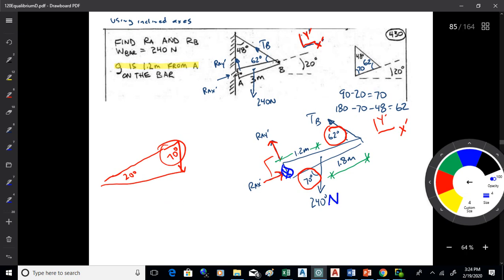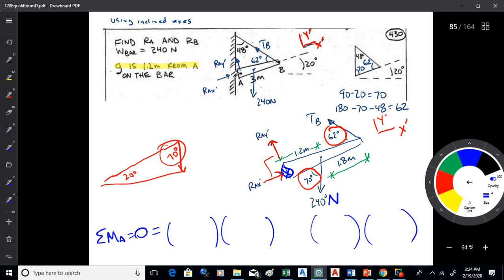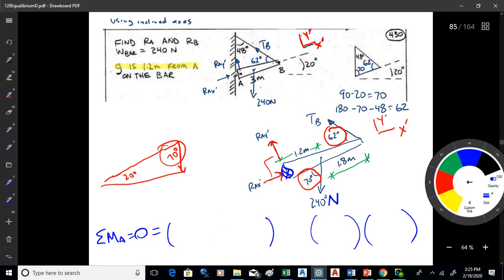I get a simpler moment equation out of it. Now you're going to have some trig on both terms. So there might actually be 3 parentheses on account of the trig.